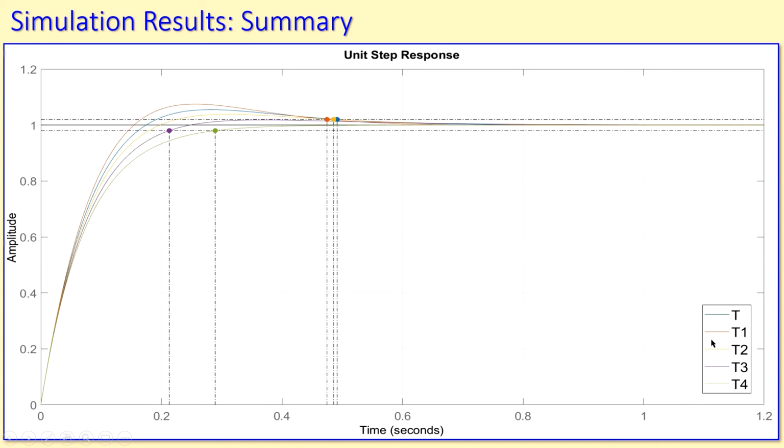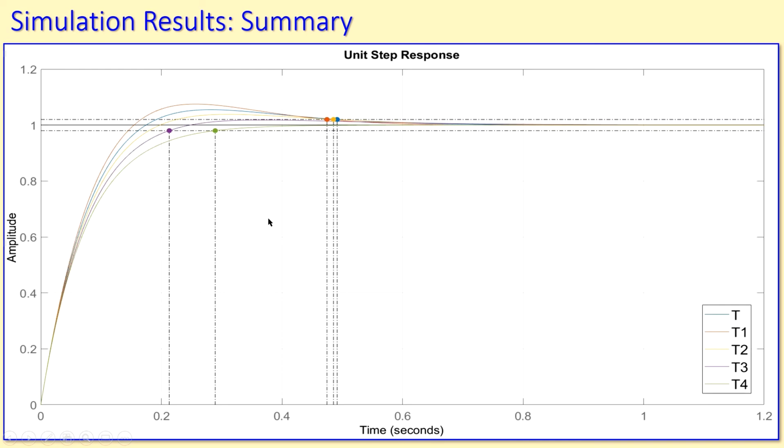That means far away, farther from the vertical axis. That causes a larger overshoot, shown here in orange. The other one, T2, is for the case where we have the 0 at -6. This was for -5 for the purple one, and for this green one was T4, which is for -4.